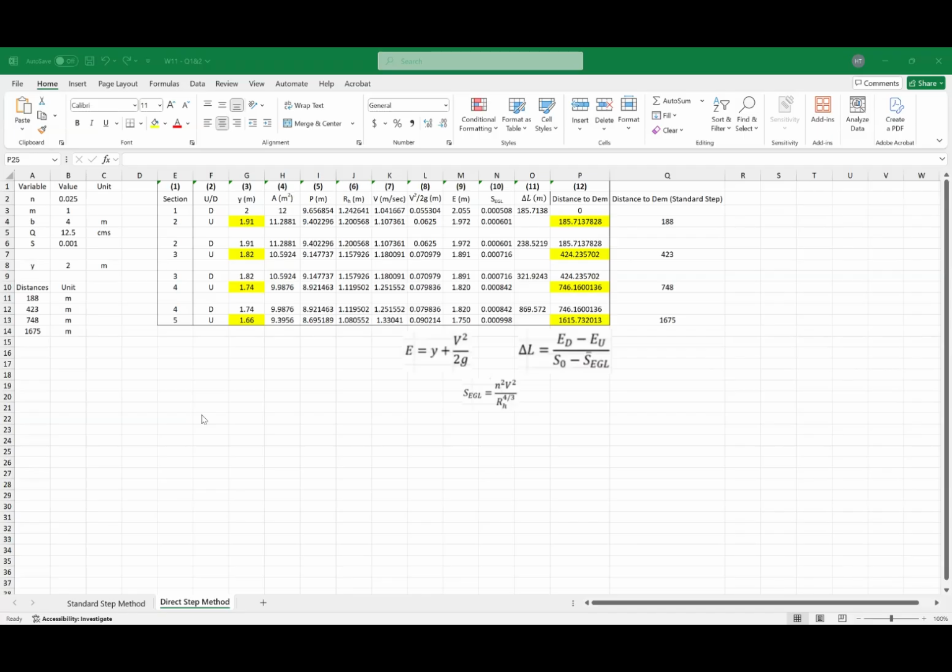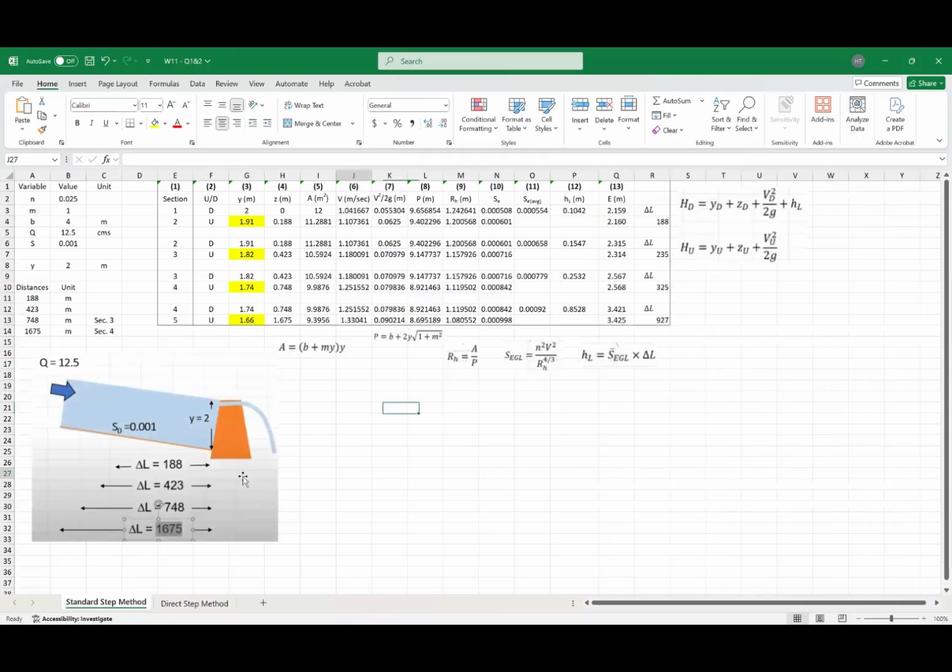So as I mentioned in the question text, we are going to find upstream distances using depths that we found in the first question. So we had these water depths 1.91, 1.82, 1.74, and 1.66. And in this question, we are going to find corresponding distances.